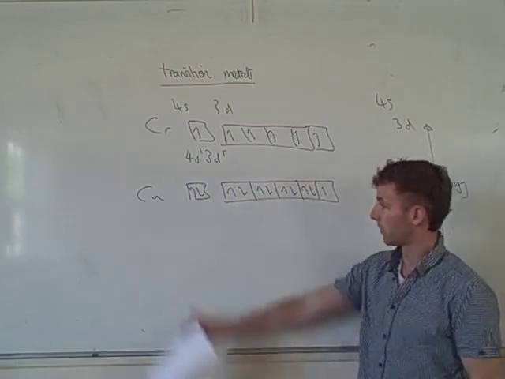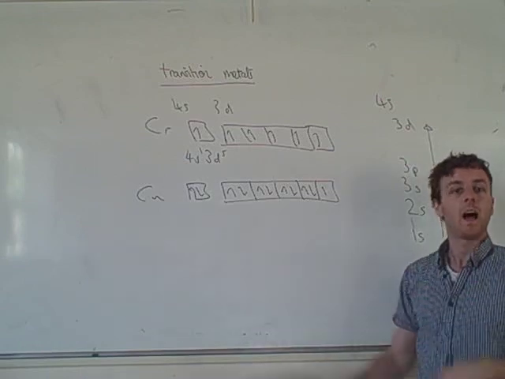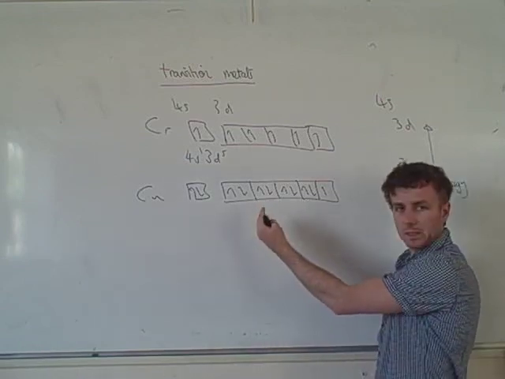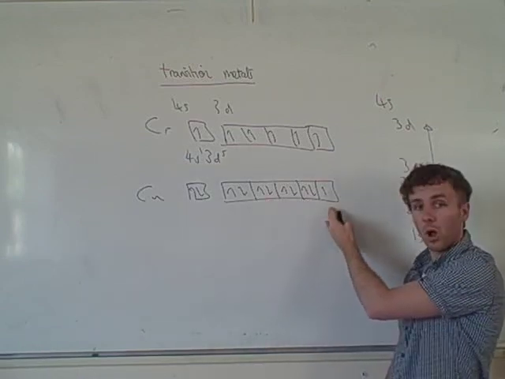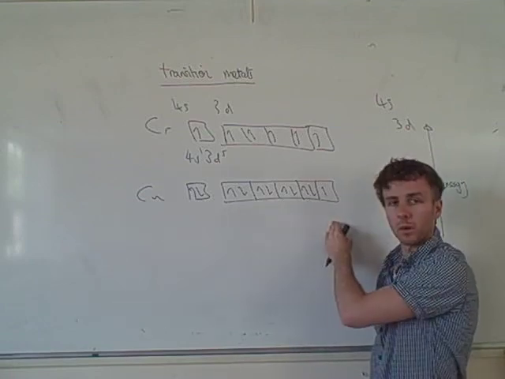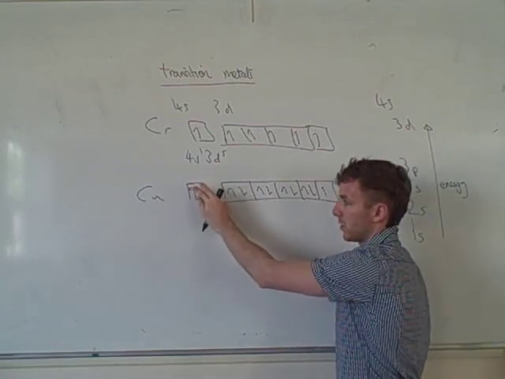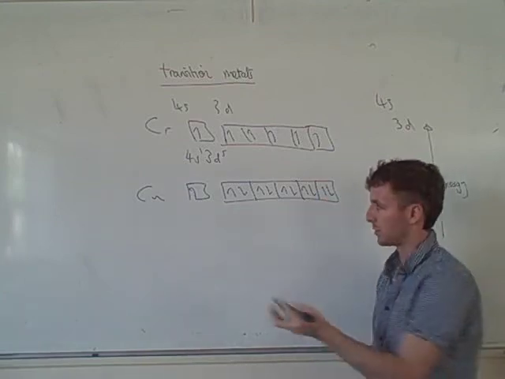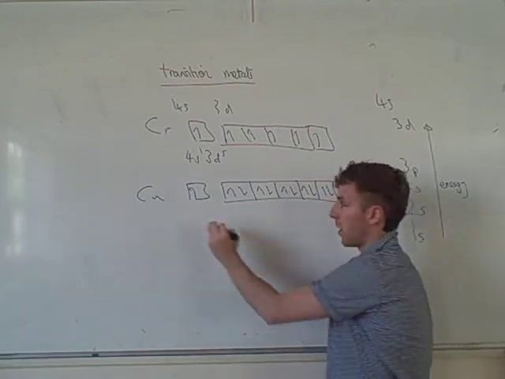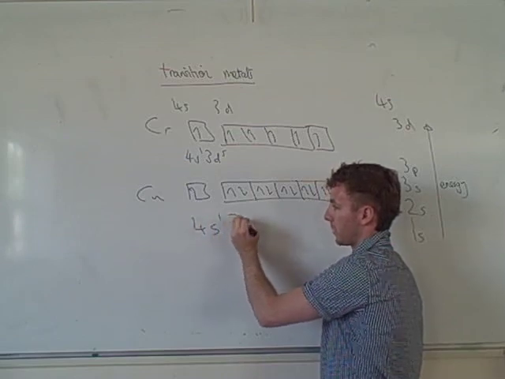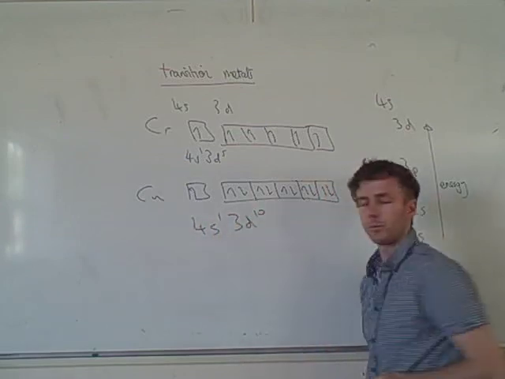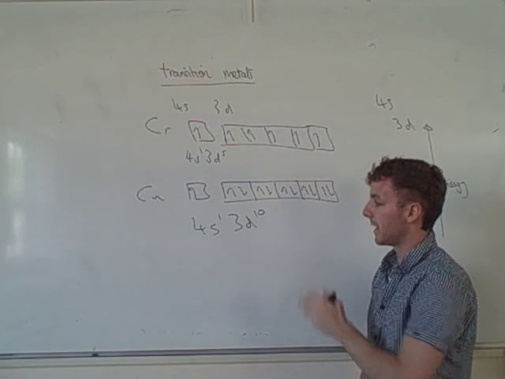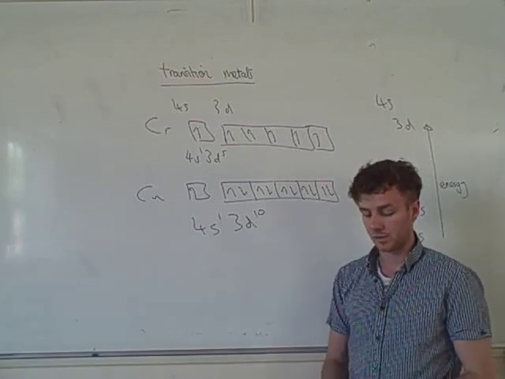So you'd think it was 4s2 3d9. However, again, because this would give it 2, 2, 2, 2, 1, that has an uneven number. So what it does is it shunts one of its 4s electrons into its 3d subshell. So the electronic configuration of copper would be 4s1, 3d10. Okay, and again, that's just to make it a little bit more stable.